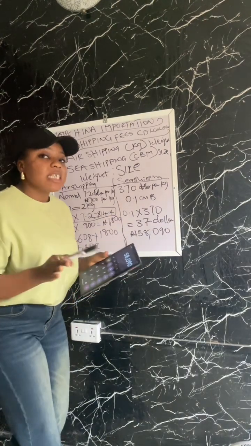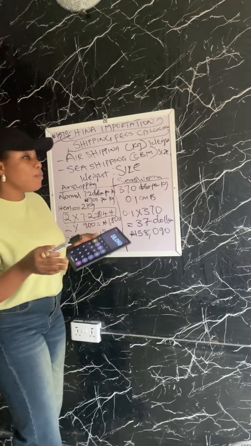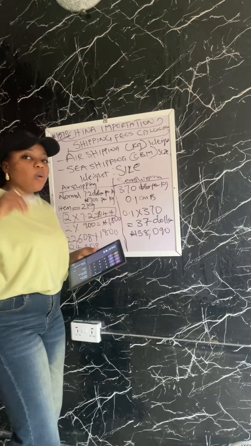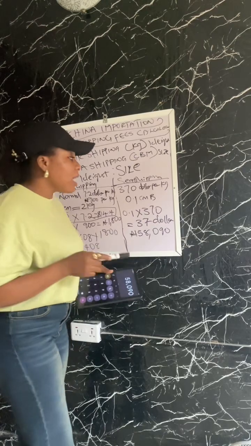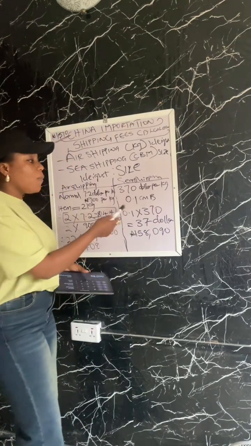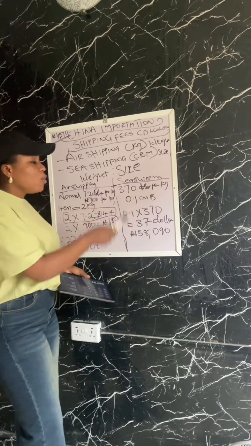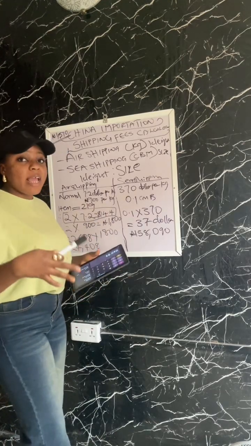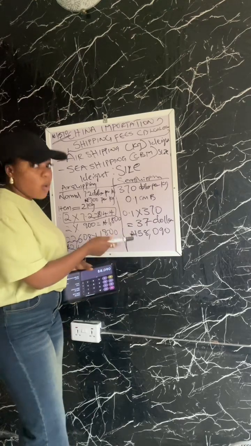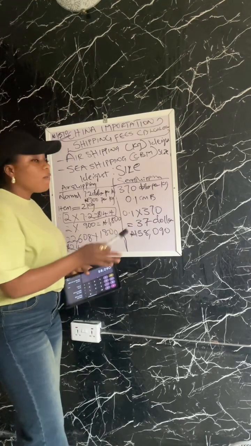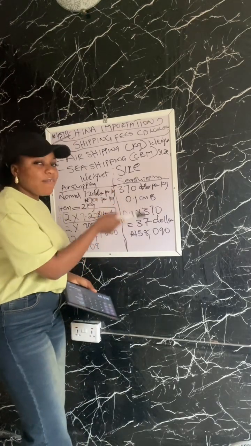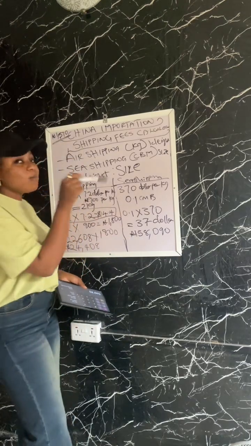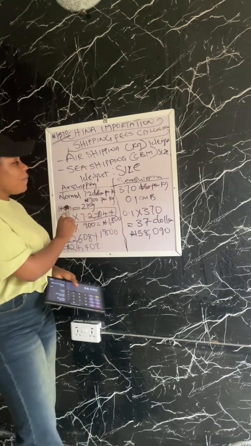If you don't know what a 0.1 CBM item looks like, you can go through my page, where you'll see unboxing videos of my students who shipped 0.1 CBM items. At the end of the day, when you calculate your landing cost, you'll see you spend less on shipping compared to shipping the same product via air.